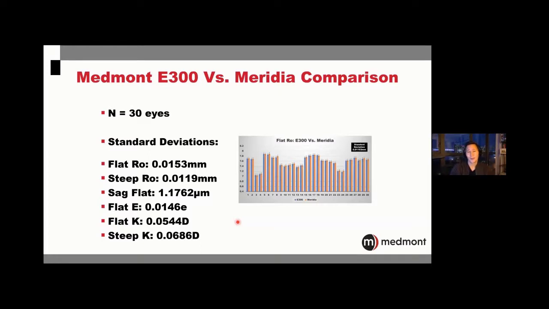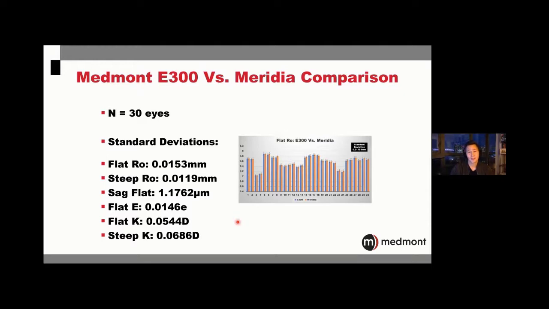And basically it works out to the cone is identical between the two instruments. So therefore the understanding of eye shape is similarly the same. For instance, in the radius of the center of the cornea, the instruments are separated by a 1/16 of a diopter, so basically a quarter of a diopter. The sagittal height differential was a micron. The flat and steep K readings were basically a fifth of a quarter of a diopter.